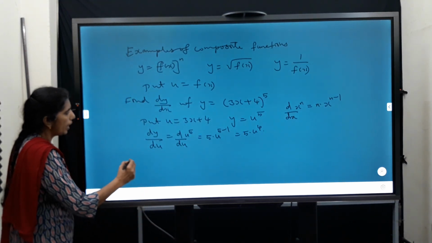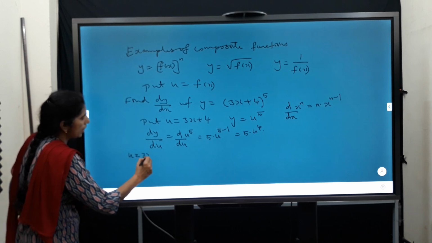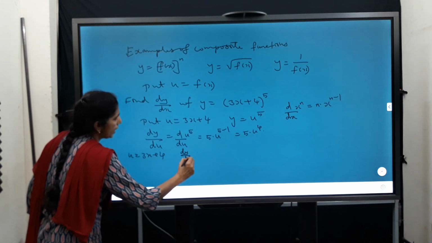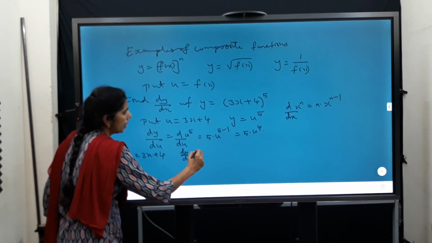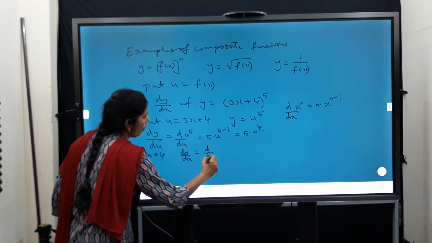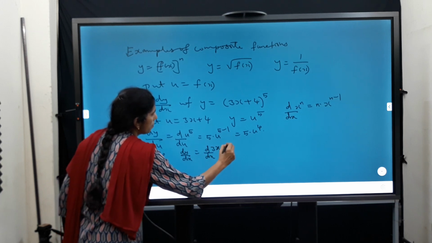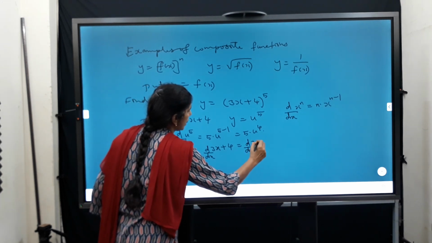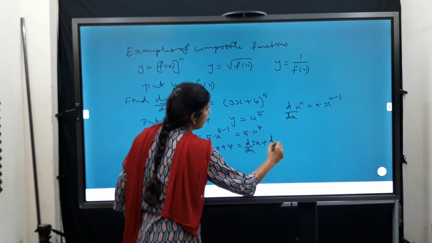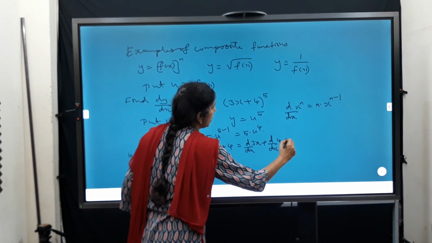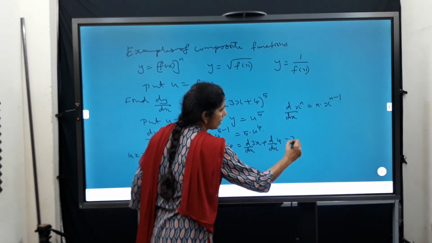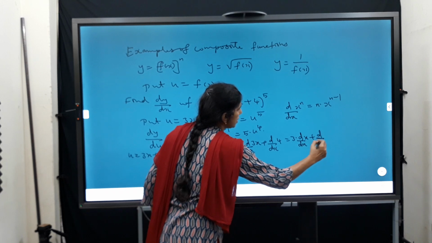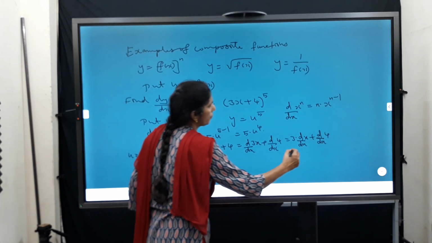that is equal to 5 into u raised to 4. Now u equal to 3x plus 4, so we can find du by dx, that is equal to d by dx of 3x plus 4, that is equal to d by dx of 3x plus d by dx of 4. d by dx of 3x, we can write it as 3 into d by dx of x plus d by dx of 4.